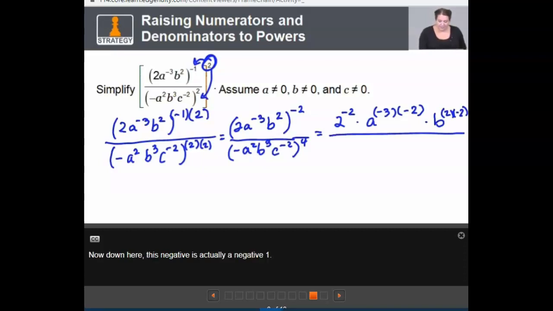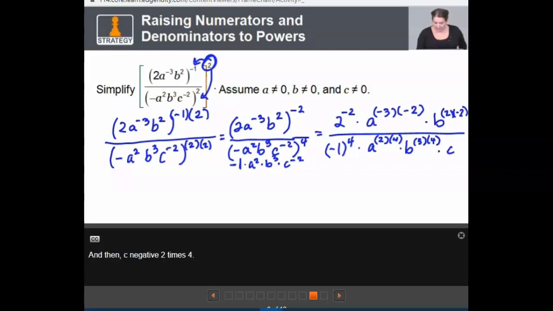Now down here, this negative is actually a negative 1, right? It's negative 1 times a squared times b cubed times c to the negative 2. So I actually have to raise this negative 1 to the 4th. Then I have a squared times 4, b cubed times 4, and then c negative 2 times 4.